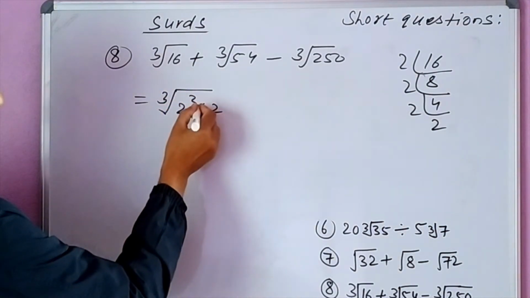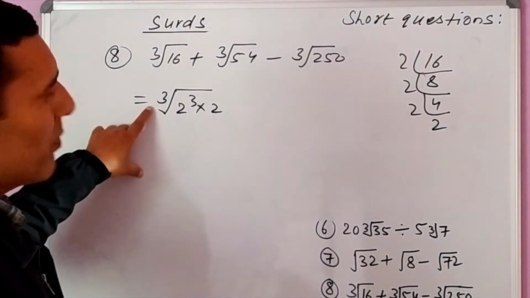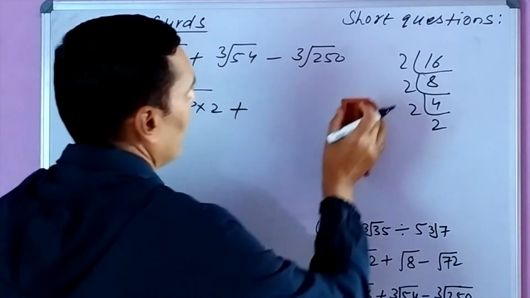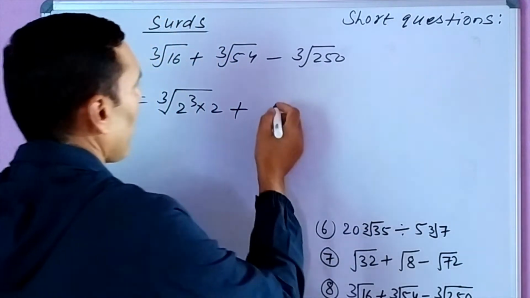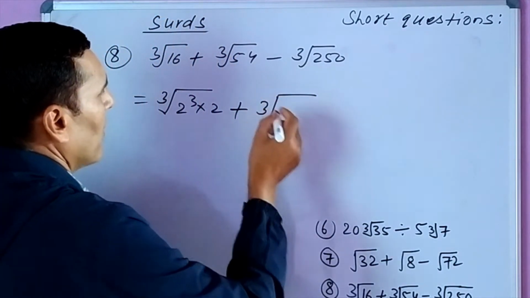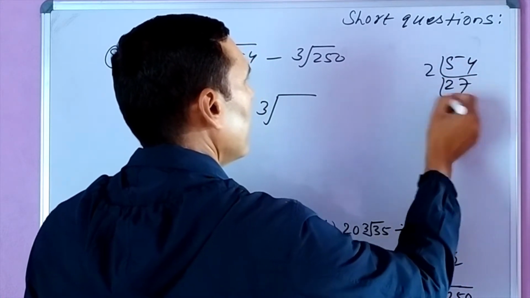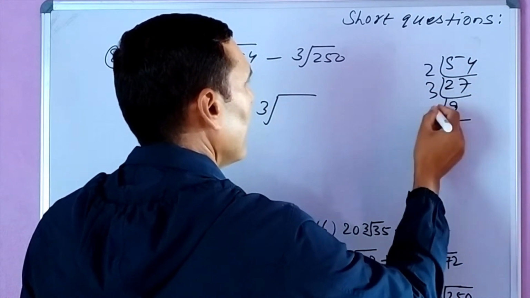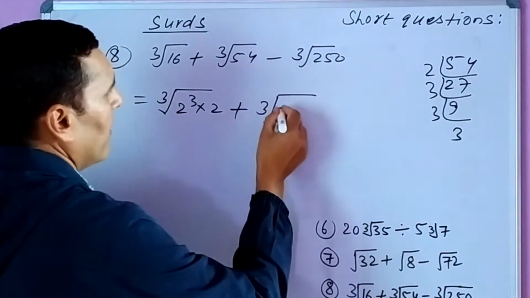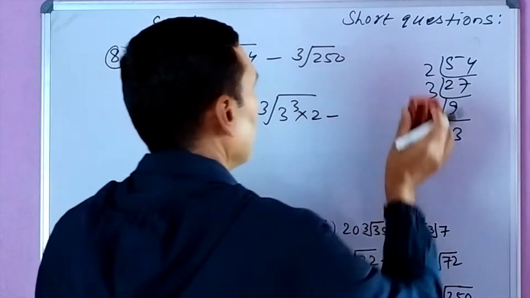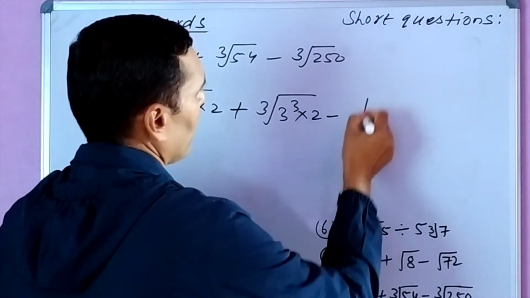I am making the power 3 here because order of the root is 3. It is cube root. Similarly 54 can be written as 2, 27, 3, 9, 3, 3. And that is 3 cube into 2. And similarly 250.